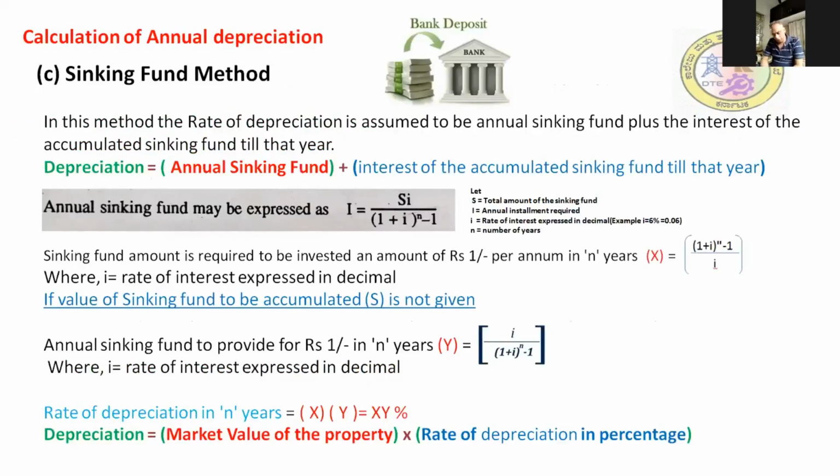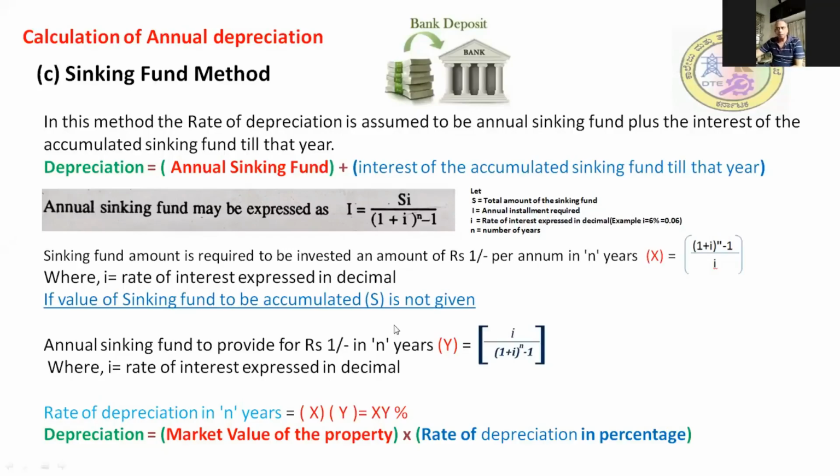Similarly, the sinking fund method is very important. We discussed how to calculate the sinking fund. The sinking fund is the amount we accumulate at the end of each year to replace the structure at the end of its useful life. That is what is called the sinking fund.